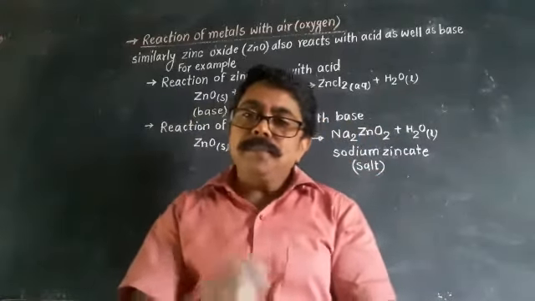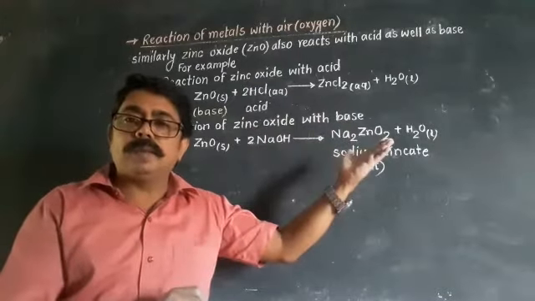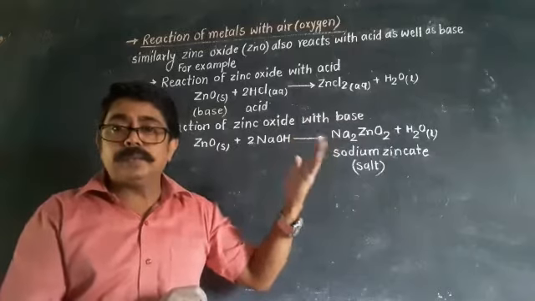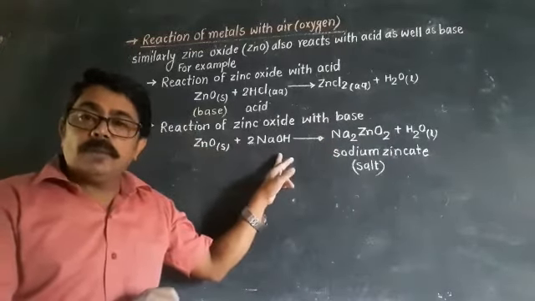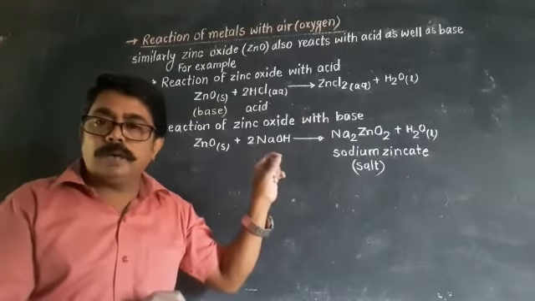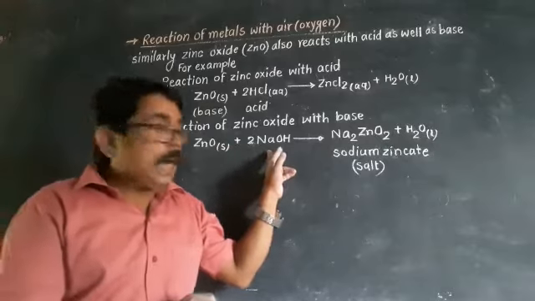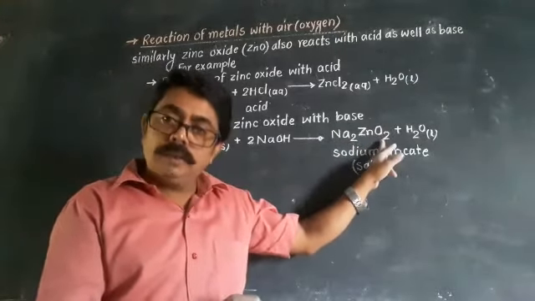At the same time, see reaction of zinc oxide with base. It also reacts with base. See, zinc oxide plus NaOH, sodium hydroxide, which is a very common base. It reacts with sodium hydroxide and forms Na2ZnO2. ZnO2 is a radical.